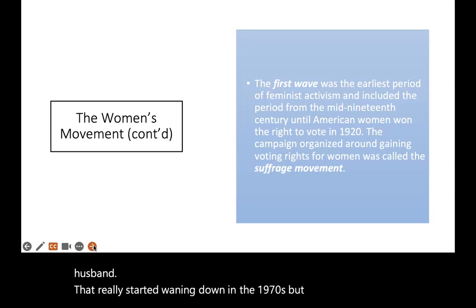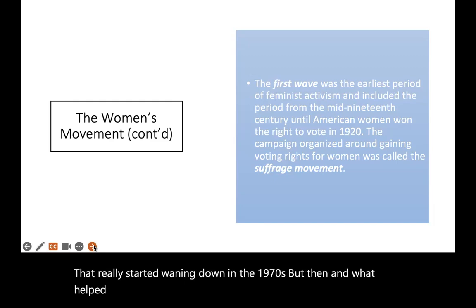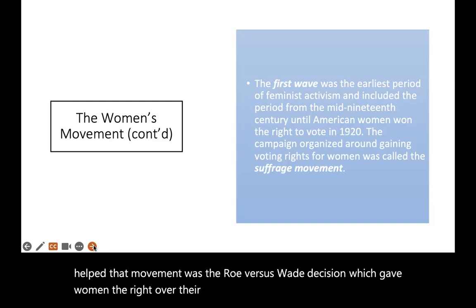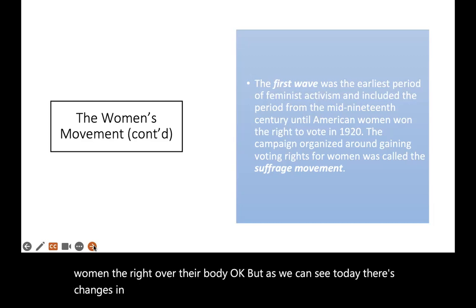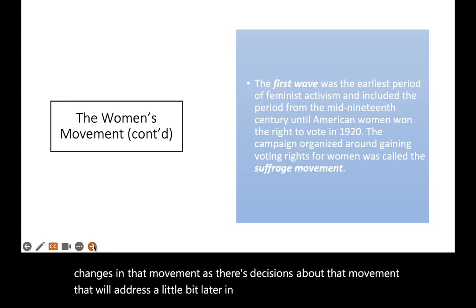What helped that movement was the Roe versus Wade decision, which gave women the right over their body. Okay. But as we can see today, there are changes in that movement as well. There are decisions about that movement that we'll address a little bit later in the course.